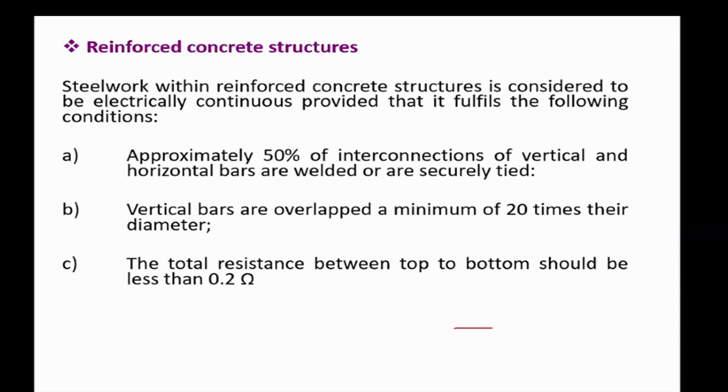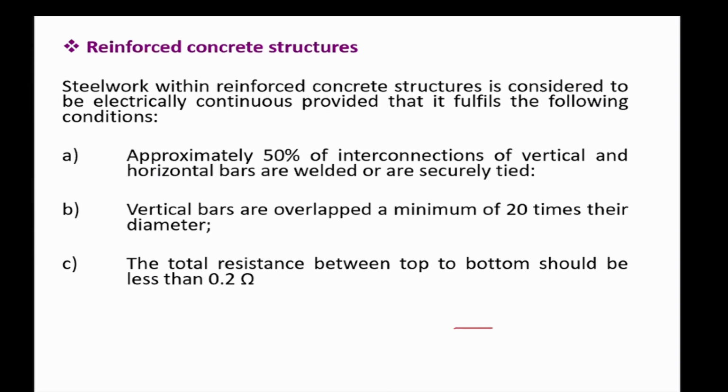However, when you're using the steel reinforcement, there are 3 conditions you have to satisfy. What are they? 50% of interconnections of vertical and horizontal bars should either be welded or securely tied. Now, in the civil engineering standards, there is a problem of welding.